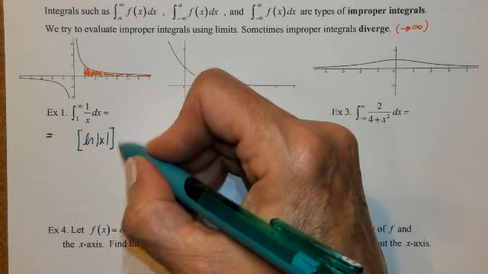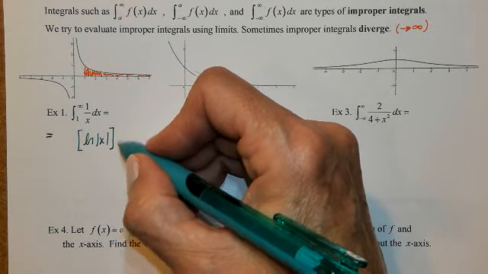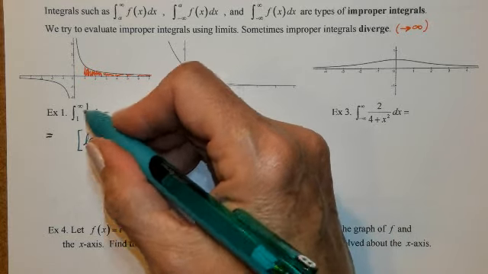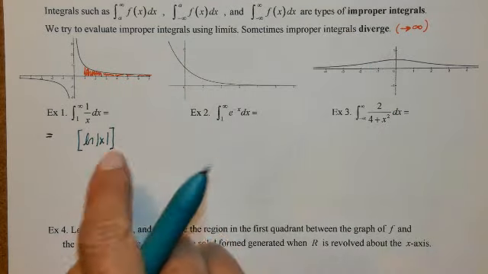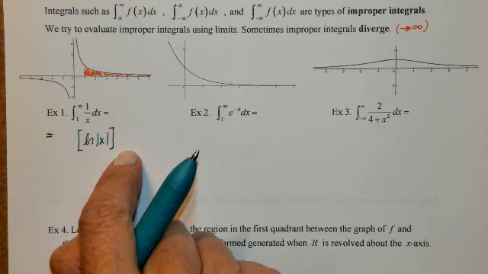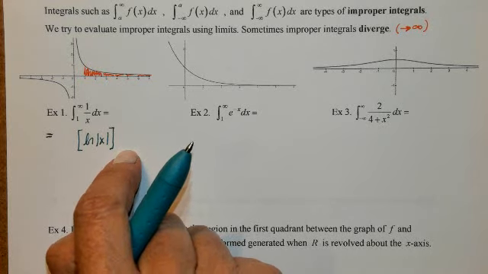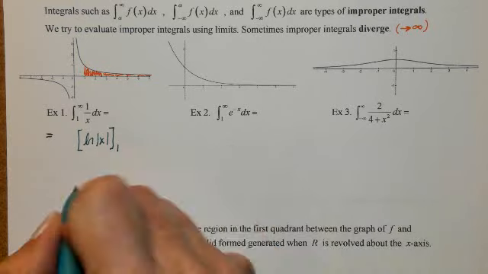And you can never put a value here that makes your function undefined. For instance, I could never put a 0 here because that would make our function undefined. So the bottom boundary is 1, and that's fine. I can definitely have that.